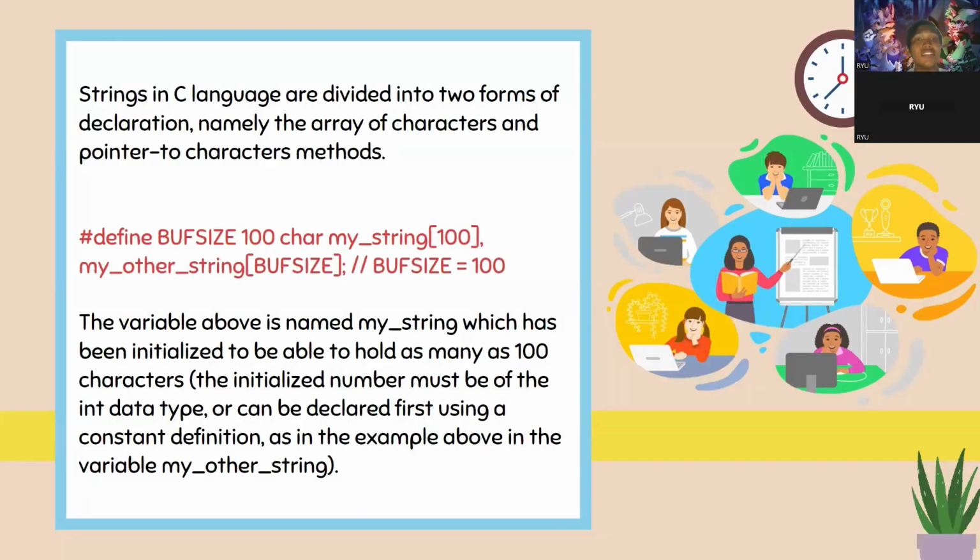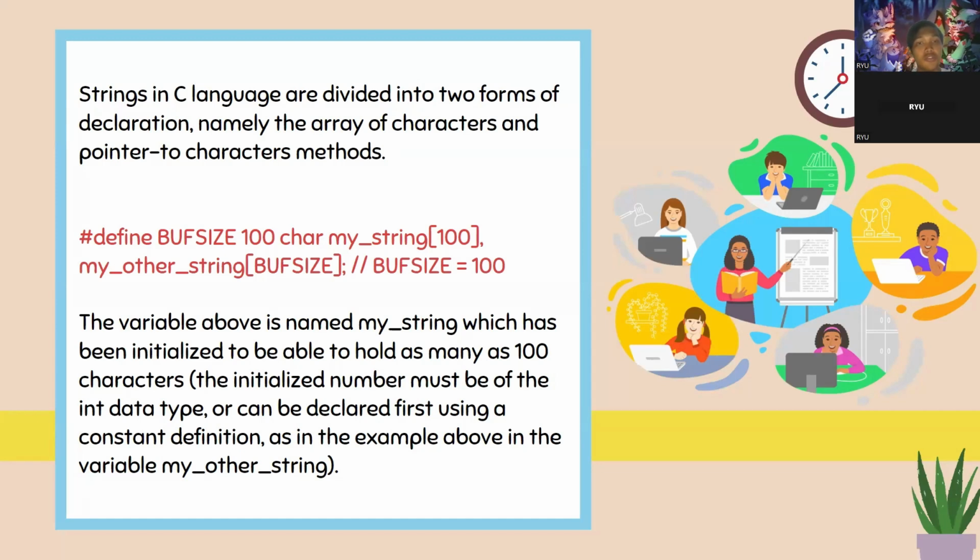Now, strings in the C language are divided into two forms of declaration, namely the array of characters and the pointer to characters method. We see here: #define BUFF_SIZE 100, char my_string[BUFF_SIZE].